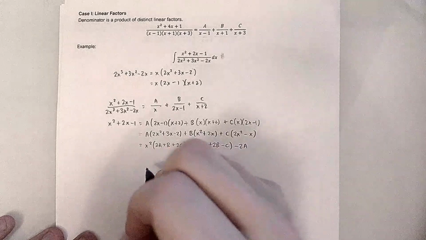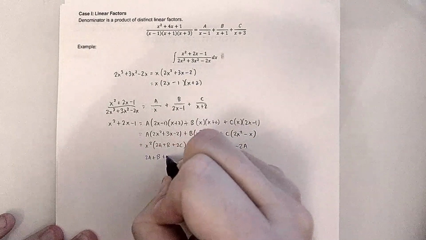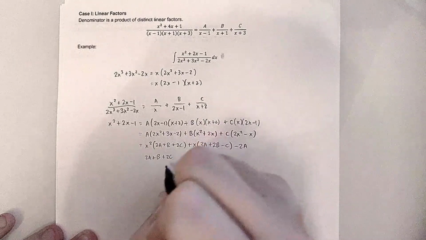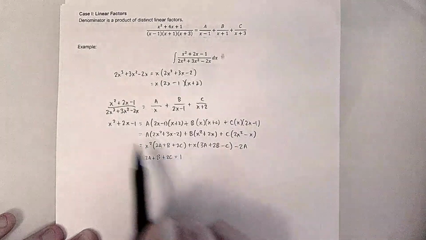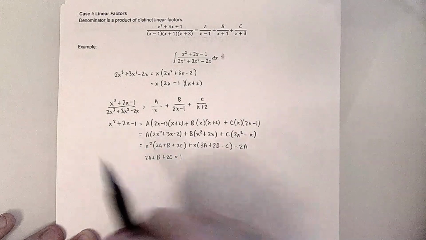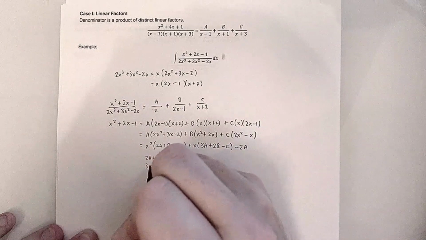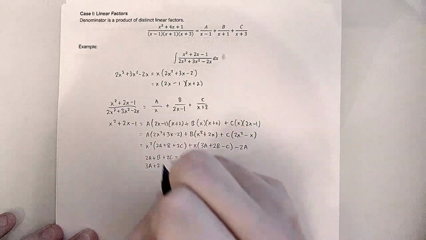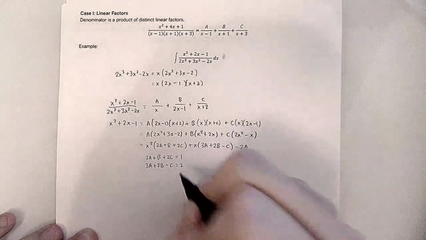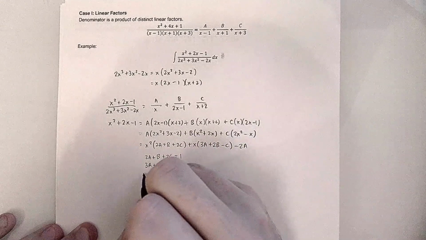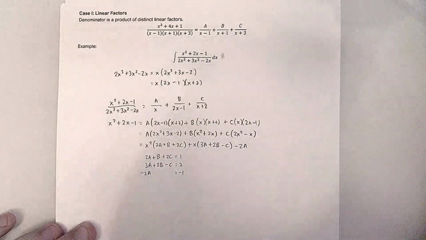So that means we're going to have 2A plus B plus 2C is going to be equal to 1, because that is the coefficient in front of the x squared. We're going to have 3A plus 2B minus C, that is equal to 2. And then minus 2A is going to be equal to minus 1.